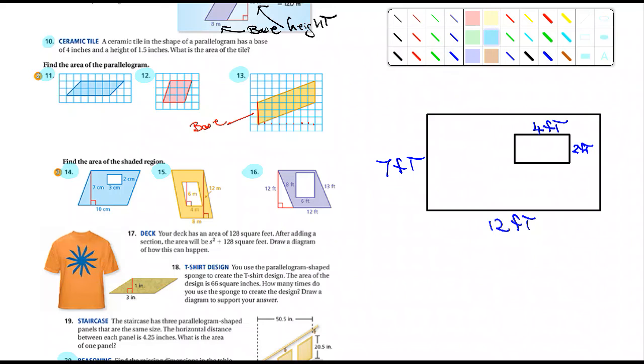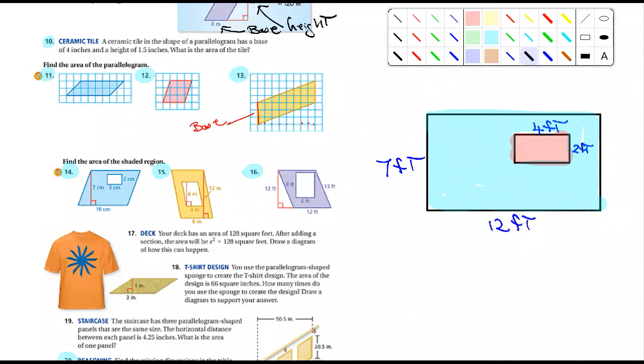And what I explained, and I think most of you understood it, is that the first thing you would have to do is figure out the area of the large object. In other words, the entire area of this square, or rectangle, I should say. Okay? And then you're going to figure out the area of the smaller one. And then finally, what you would do is subtract the difference.